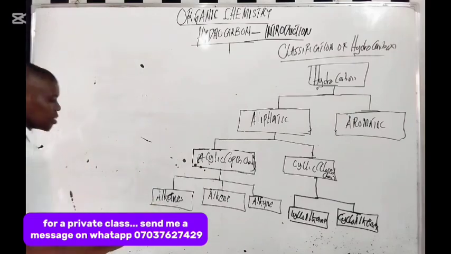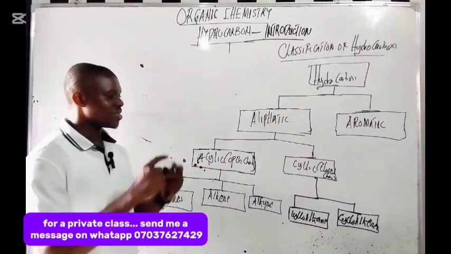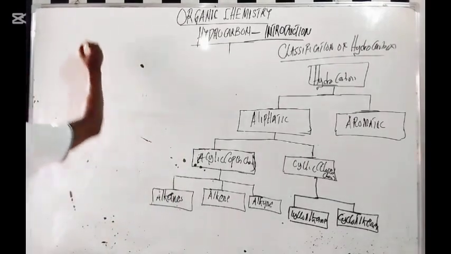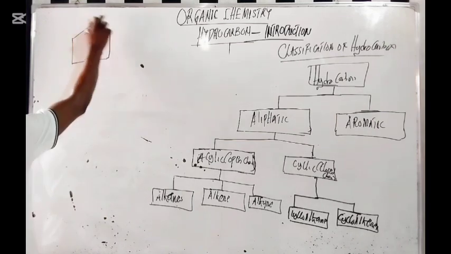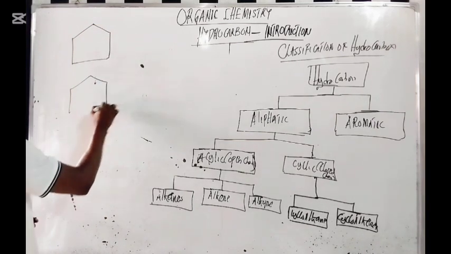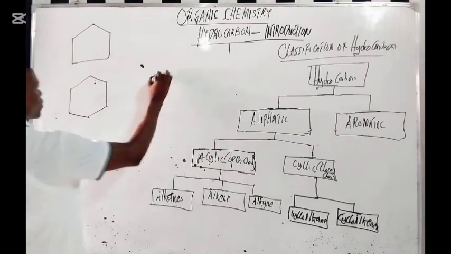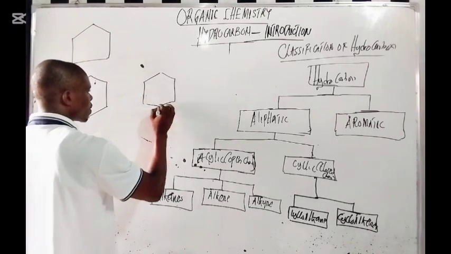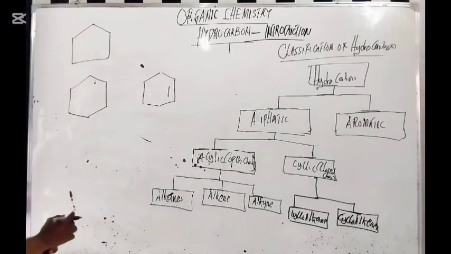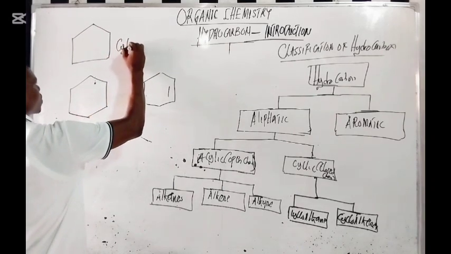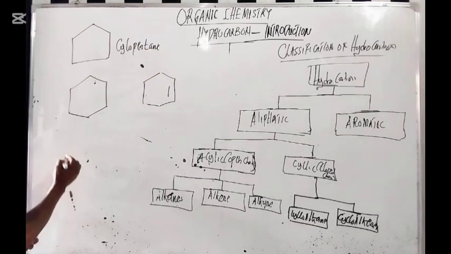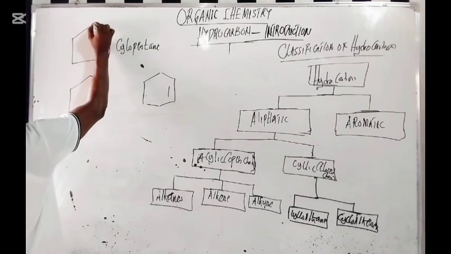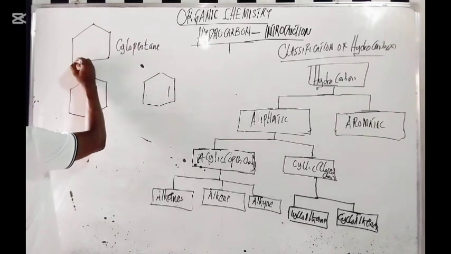Now we talk about cyclo. You're talking about something like this. So these are cyclo compounds. This is called cyclopentane: 1, 2, 3, 4, 5.